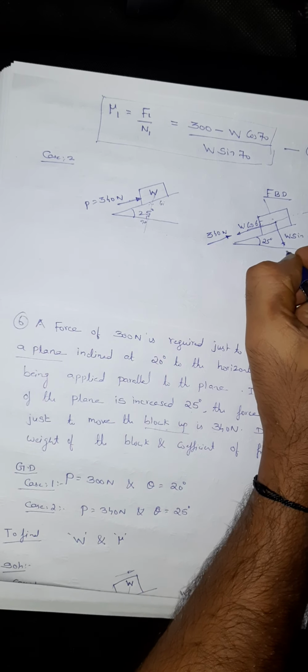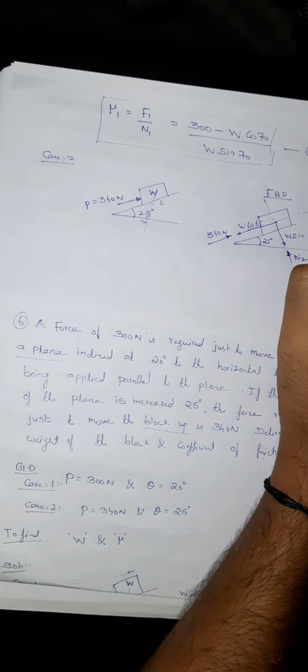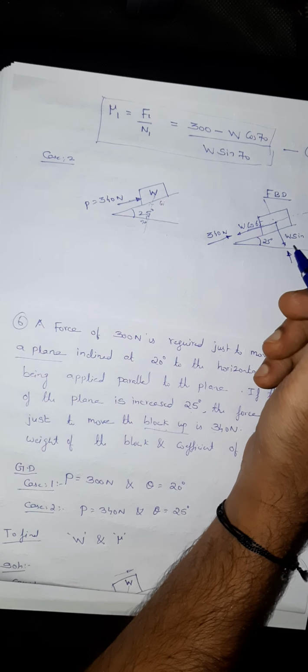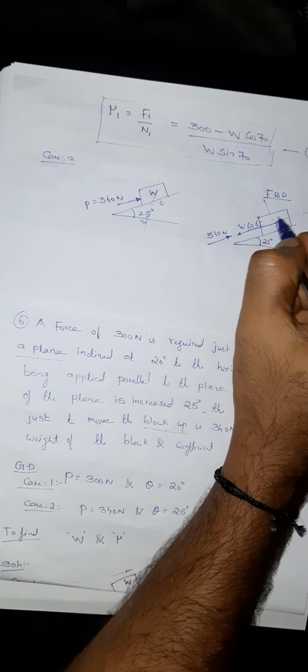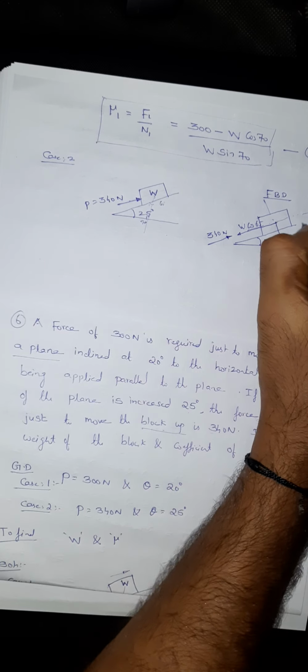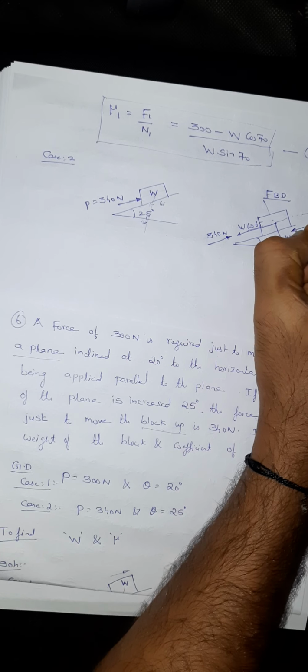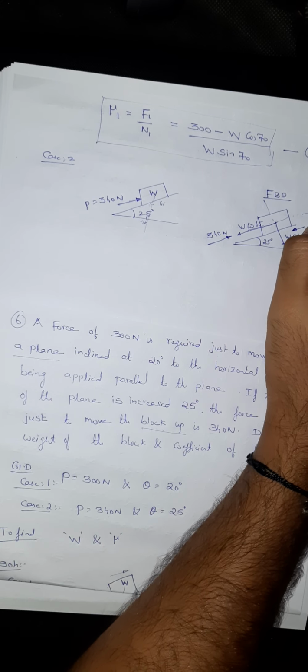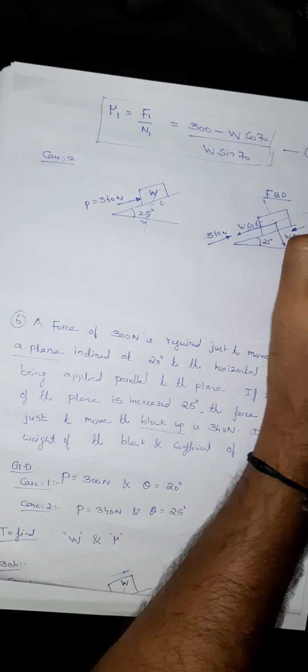The normal reaction should be perpendicular to the surface of the block, right? So when the block starts moving upwards, its frictional force would be opposite to the direction of motion, which is F2.